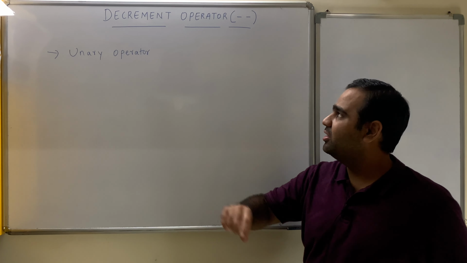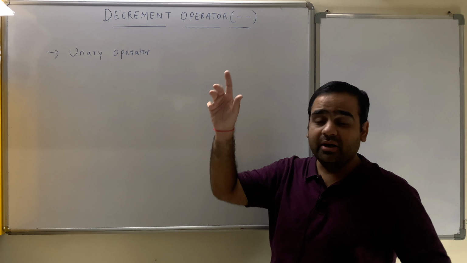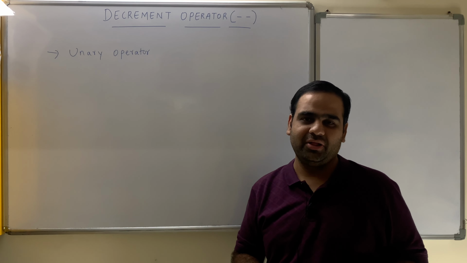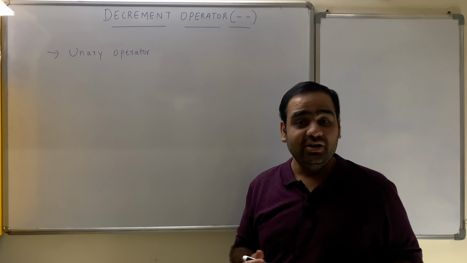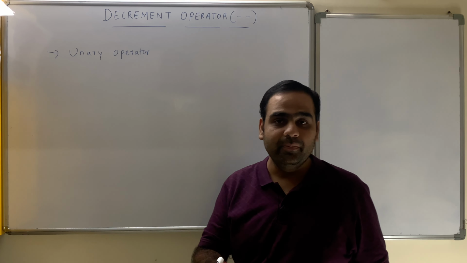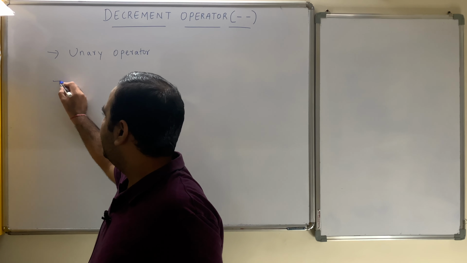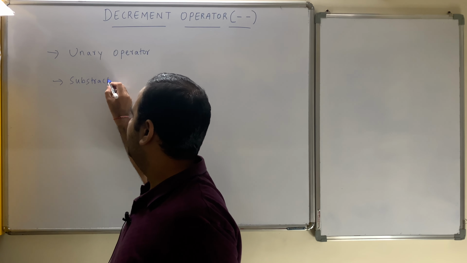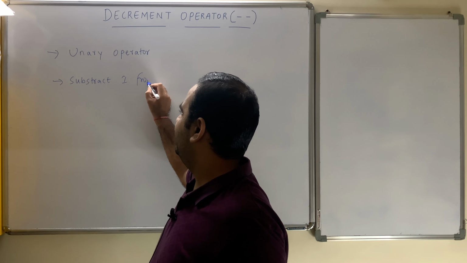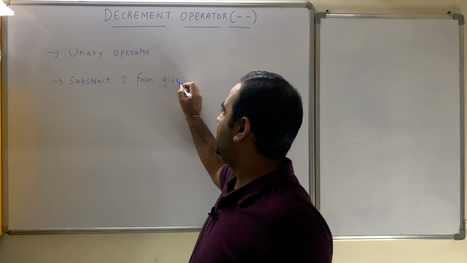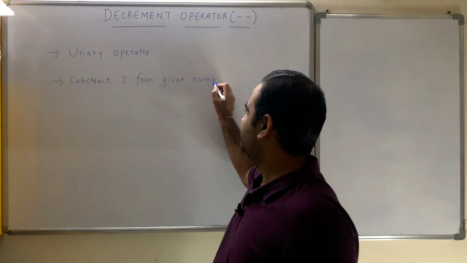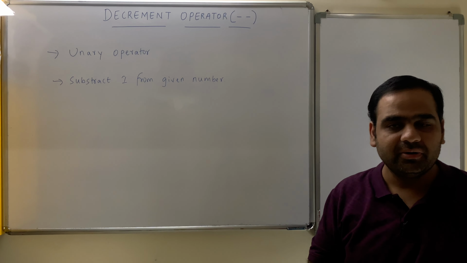Now as the name itself suggests, decrement operator. Decrement means decrease. Here we will decrease the value of the variable by 1. It says subtract 1 from given variable or given number.